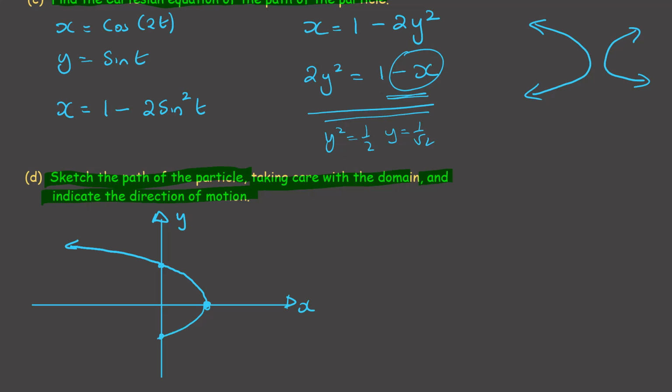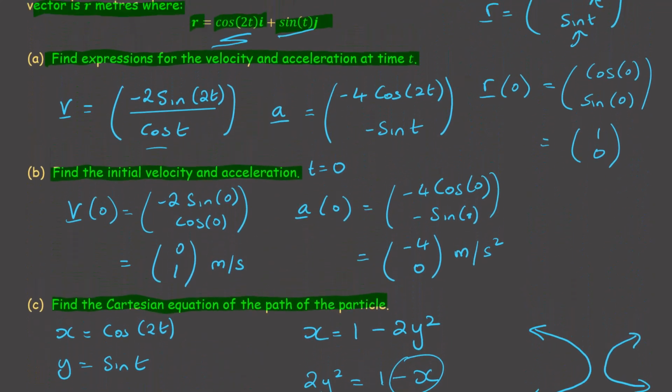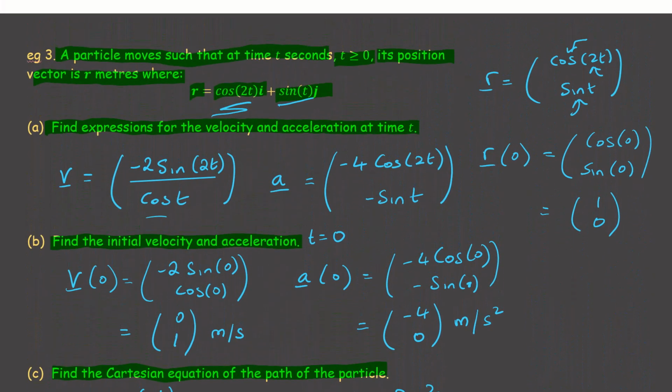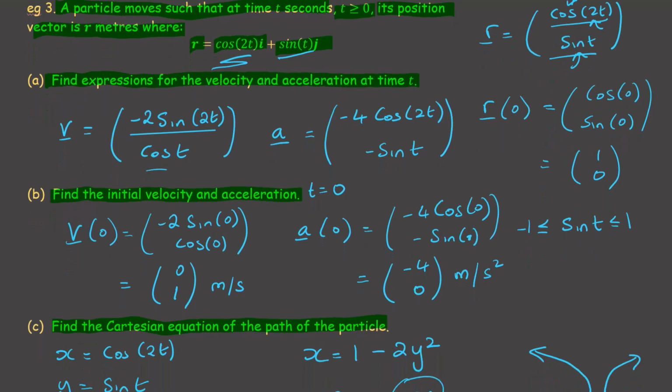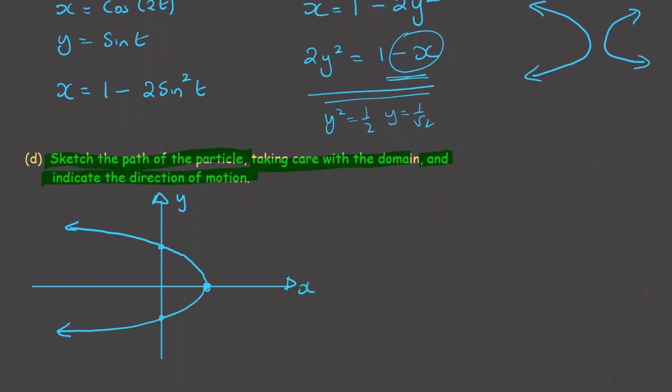But now we have to be careful with the domain and range. If we go back up here, we can see that both cos and sine, for example with sine, is always between -1 and 1. Same is true for cosine. So in other words, this graph cannot go further than here, where x is -1.